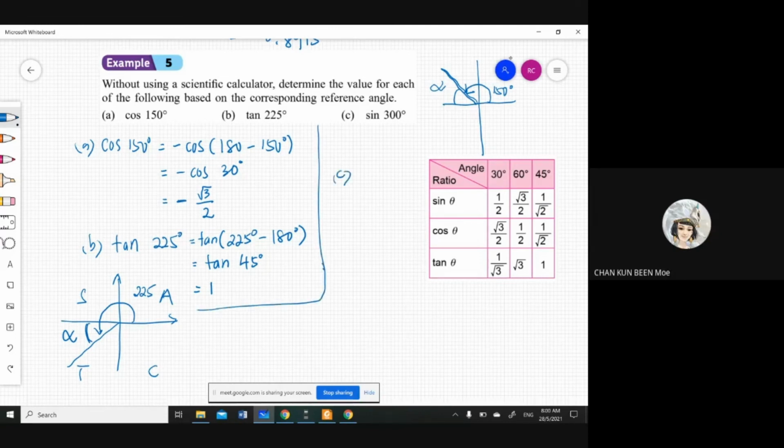C, sine 300. Okay, first you need to determine sine 300, which quadrant? 4. 4, correct. So the angle is like this. This is 300 degree. Now in this quadrant 4, which one is positive?